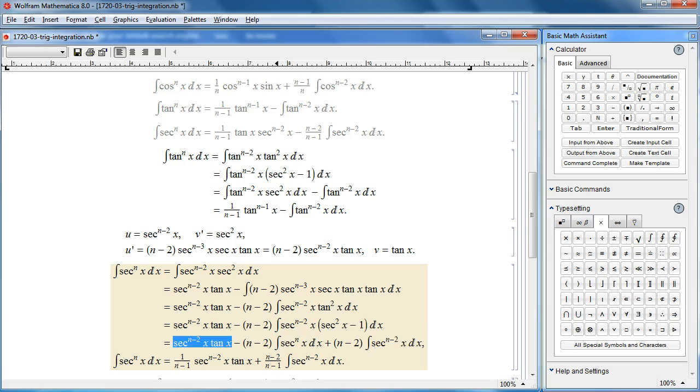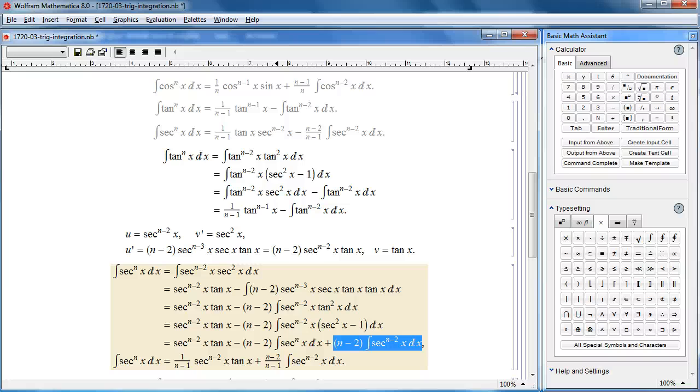The first term is completely set, and the second one is secant to the nth power again, the same as the original one, so we can flip it over to the left hand side. And the final one is a reduced integral. Instead of nth power, we get n minus second power.